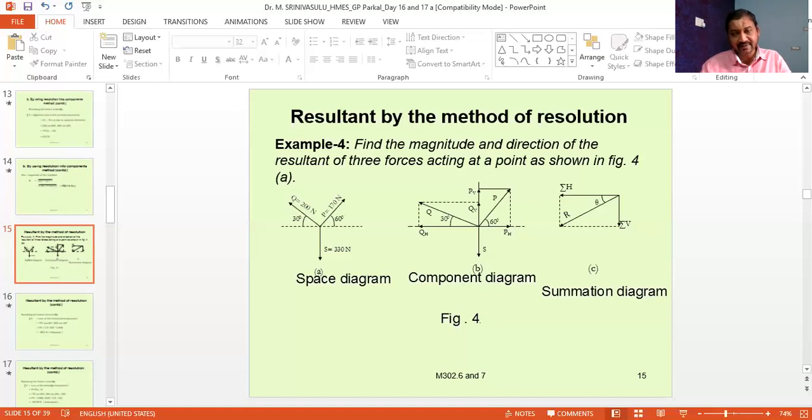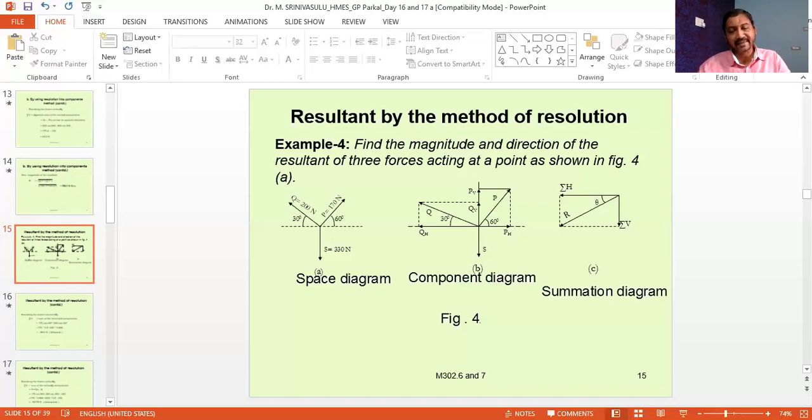Because Q is acting in the second quadrant, sin is positive and cos is negative. Therefore QV is positive and QH is negative.